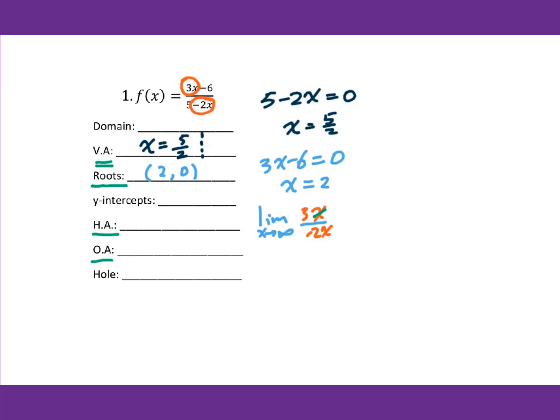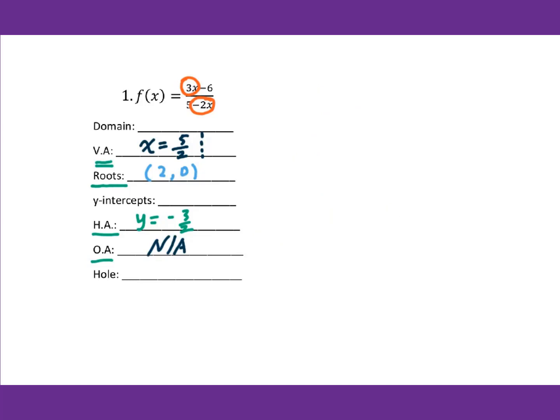Reduce first, then you will get negative 3 over 2. So y equals negative 3 over 2. There is no oblique asymptote line, because an oblique asymptote needs one more degree. Now we draw a number line to predict this graph.